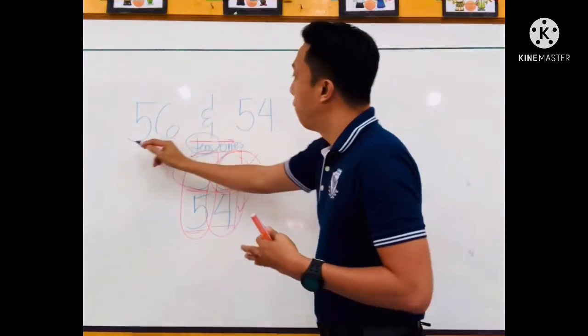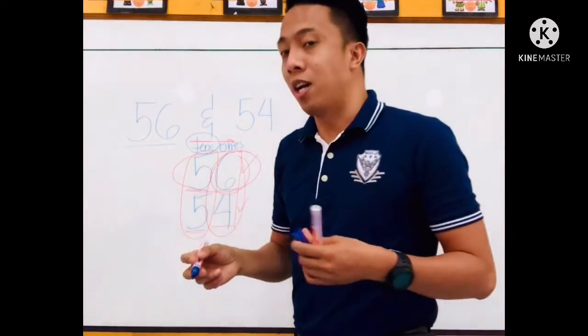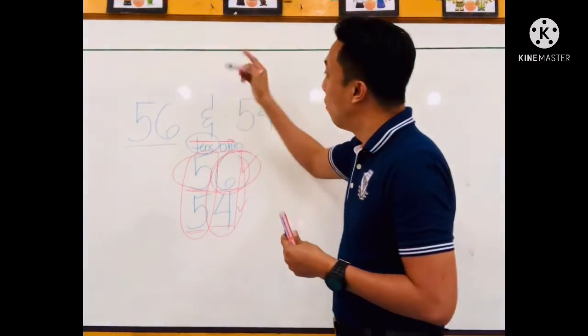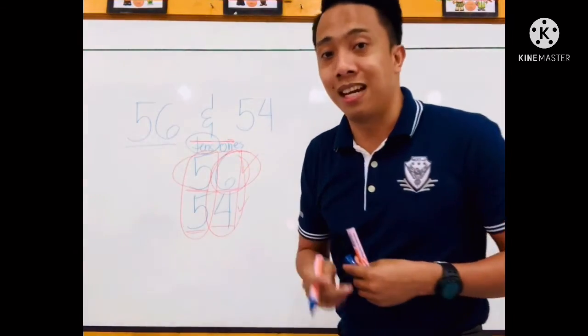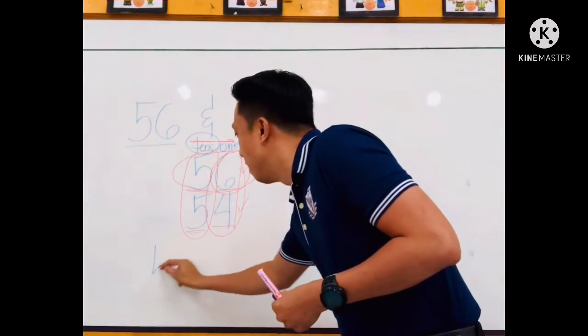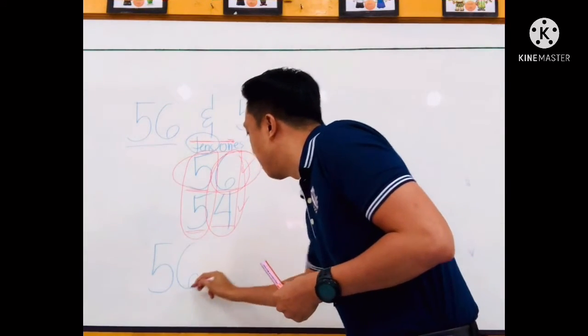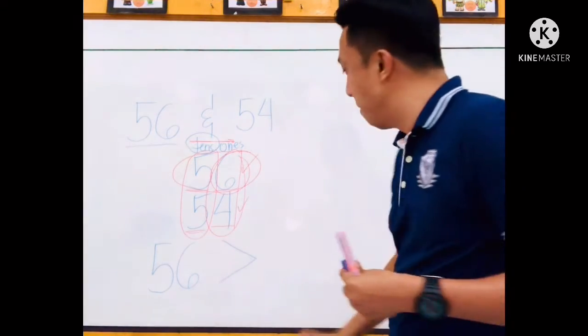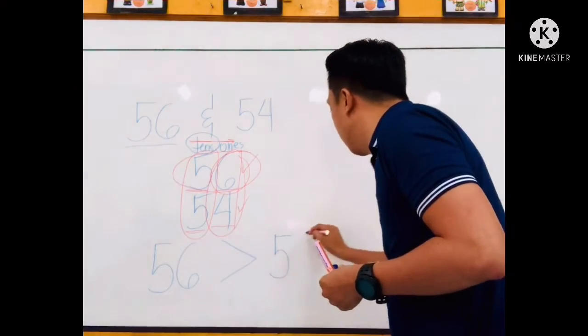Alright? So, 56 is greater. So, the mouth of the alligator will eat 56. In symbol, just like this: 56, the mouth is greater than 54.